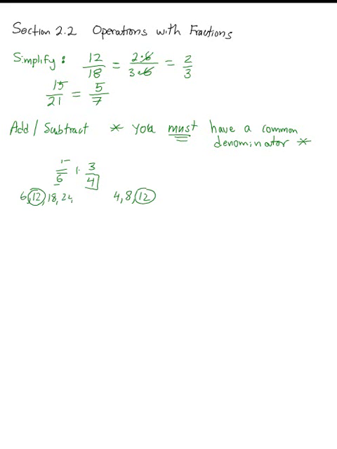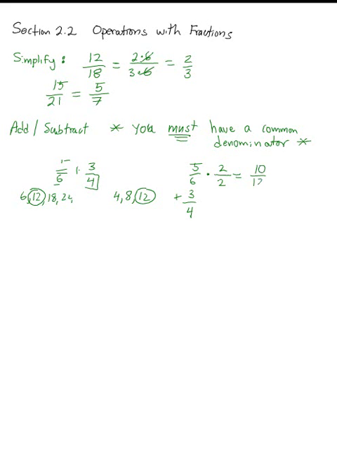All right, so I'm going to write this problem over again. 5/6 plus 3/4. So I find for a lot of students it helps if the problem is written up and down. All right, so we need to get 12 on bottom. So in order to get a 12 on bottom, I got to multiply this fraction by 2. If I multiply the bottom by 2, I always have to multiply the top by 2.